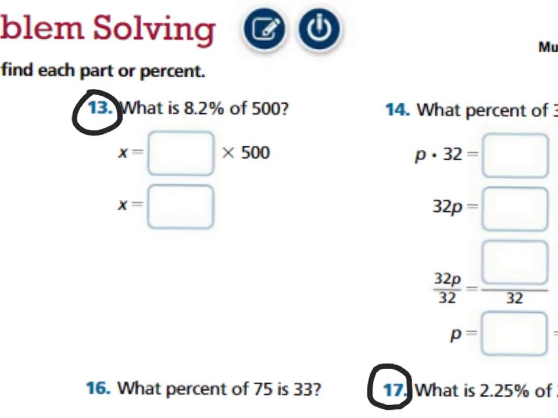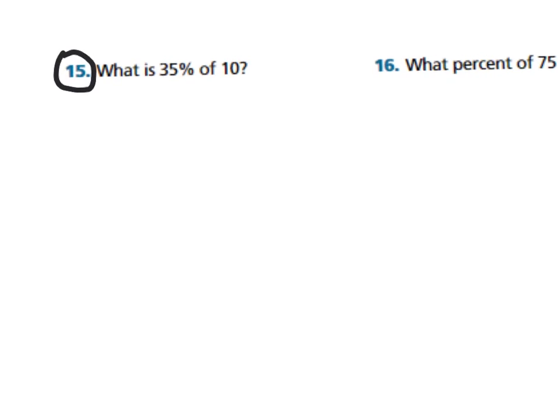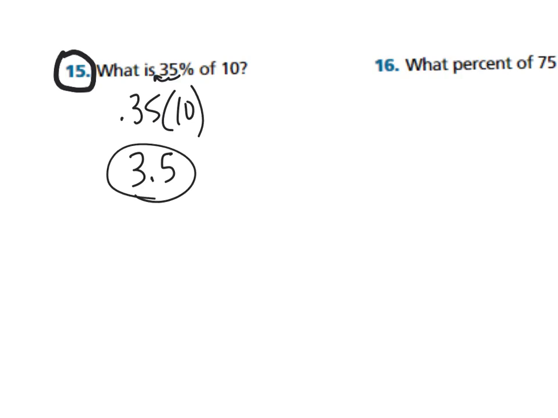Number 13, same idea, move the decimal 2 places to the left, and if you multiply, that would be 41. Number 15, 35/100 times 10, which actually would just move our decimal 1 spot to the right, would be 3 and 5/10.